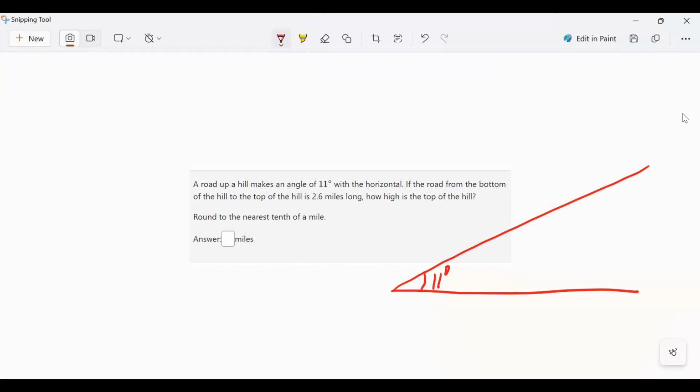If the road from the bottom of the hill all the way to the top is 2.6 miles long, let's say this is the top. How high is the top of the hill? So you want to figure out how high this is. Usually the height of the hill will be perpendicular to the horizontal ground. This is the horizontal ground.